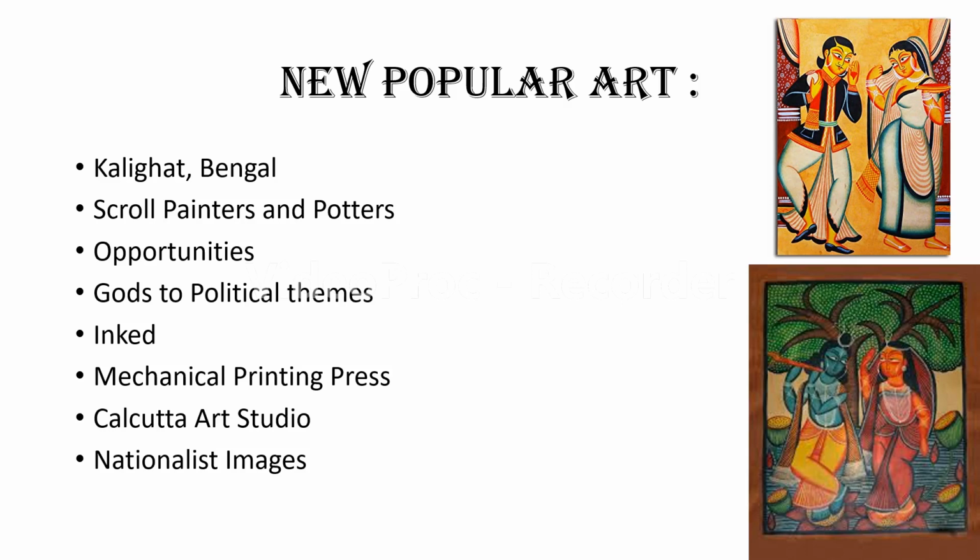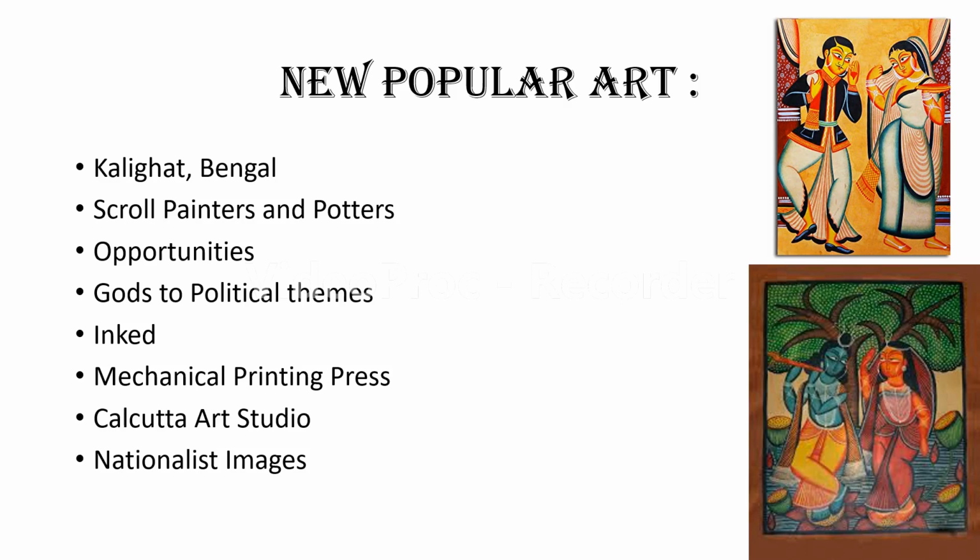As the city was expanding with roads, markets and buildings, it was an opportunity for them to make a new living. Before the 19th century, they worked on mythological themes and produced images of gods and goddesses. On shifting to Calcutta, they continued to paint these religious images.